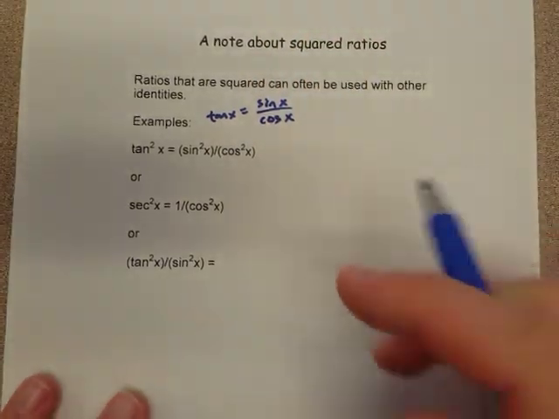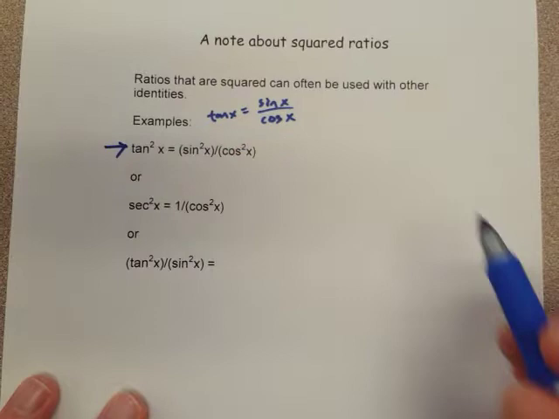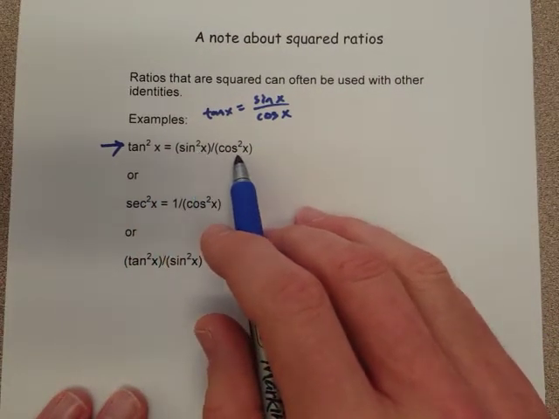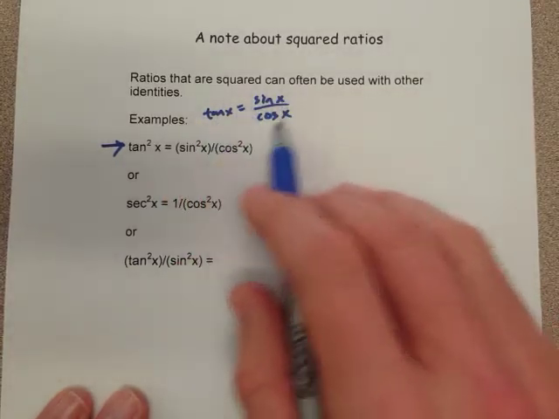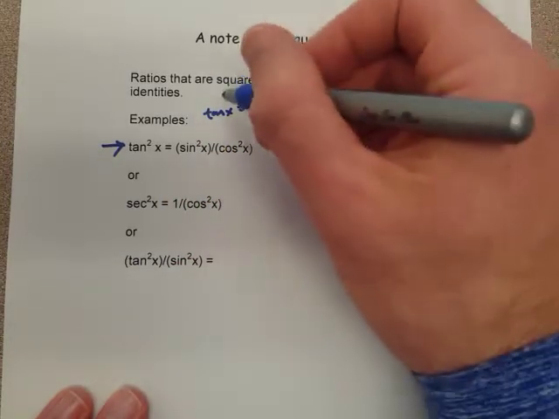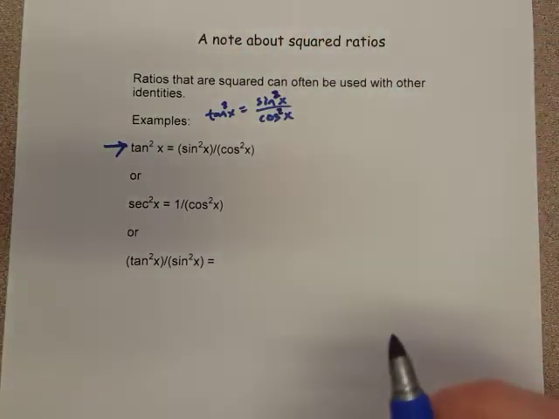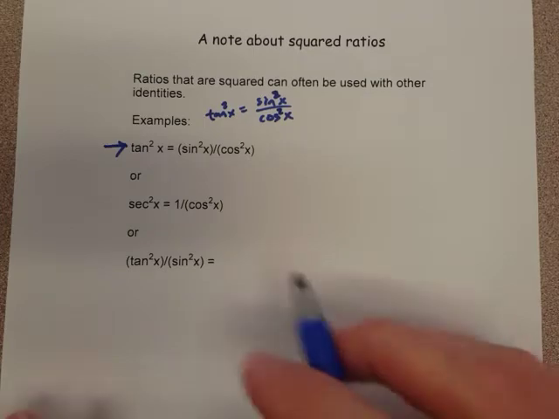But I also want you to notice here in this example that tangent squared is equal to sine squared over cosine squared. So what I've essentially done to this quotient identity is I've squared each piece. I've squared both sides of the equation, and that is an okay thing to do.